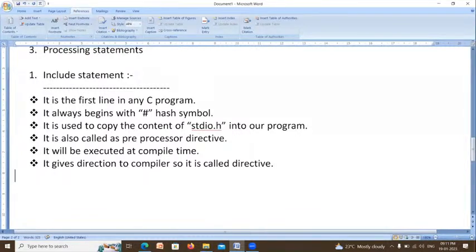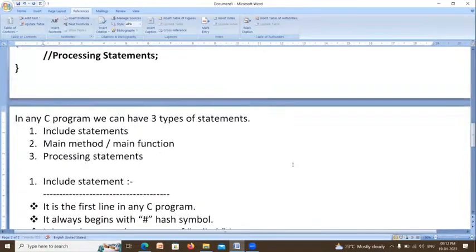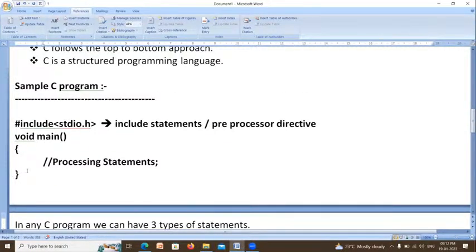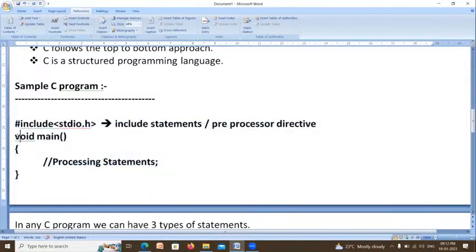Now, what is the main method? Suppose you write 1 lakh lines of code. From those 1 lakh lines of code, your program's execution always starts from void main.